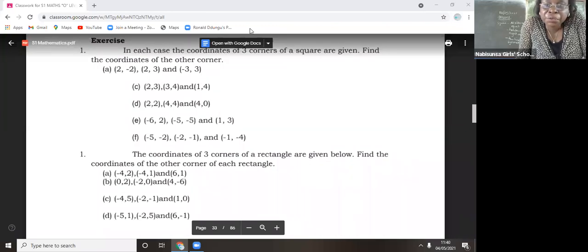Measuring is one option. Yes, you can measure the angle and also the length, because we know that if it is a square, all the sides are equal and all the angles are equal. So that is one option. You can measure the angles and sides, then locate the point. Is it fine? Okay. Yes, thank you.